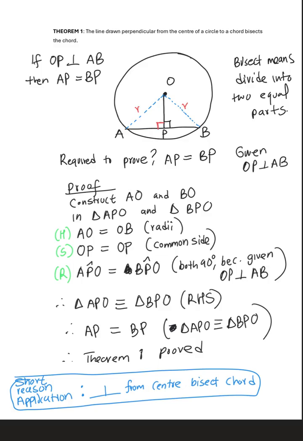So we have proved the theorem now. Next we have the converse of the theorem. So let's talk about the converse. A theorem basically says if P then Q, right?